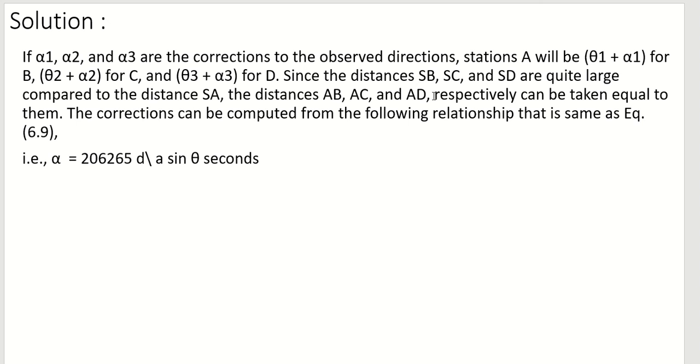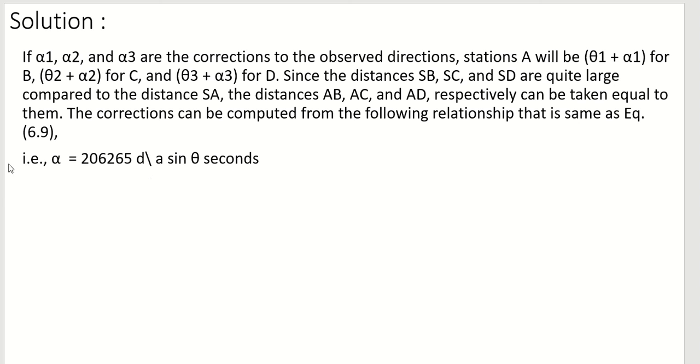Since AB, AC, and AD are already given in the problem, and are very large compared to the SA distance, because SA is 12 meters while AB, AC, and AD are in kilometers, SB, SC, and SD are respectively nearly equal to them.